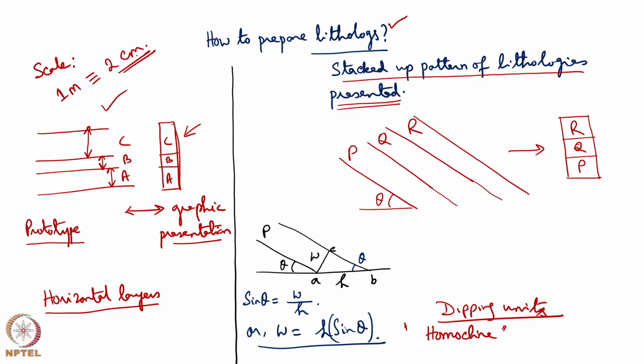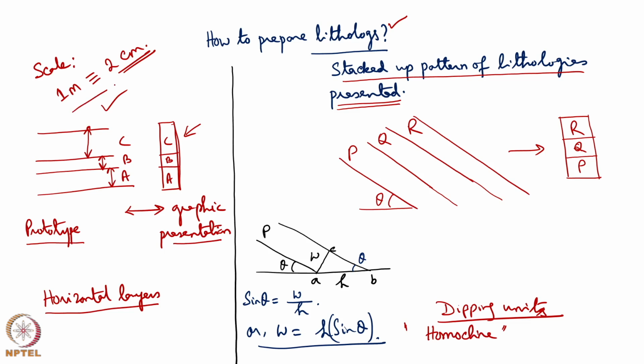The scale is to be chosen in a way that all the units are presented properly. They should not be so thin that they are not visible. We should not choose a scale in such a way that the units A, B, C and possibly D, E, whatever are there, go outside the paper while drawing. So, the choice of scale becomes important.